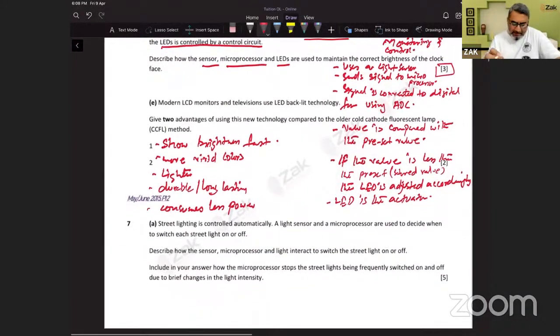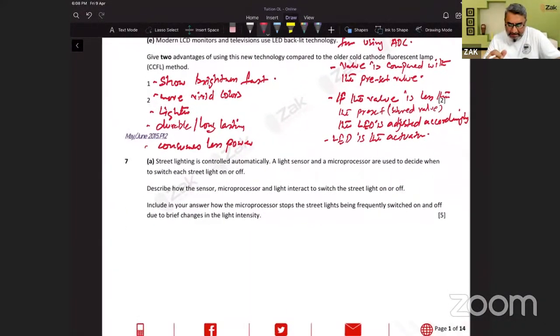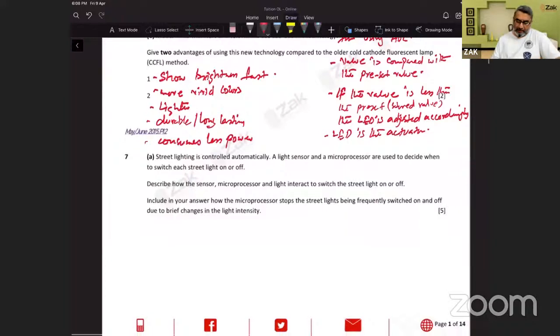A street light is controlled automatically, a light sensor and a microprocessor. This is again the same sort of question that you would have to answer. Street lighting is controlled automatically, a light sensor and a microprocessor are used to decide when to switch each street light on and off.